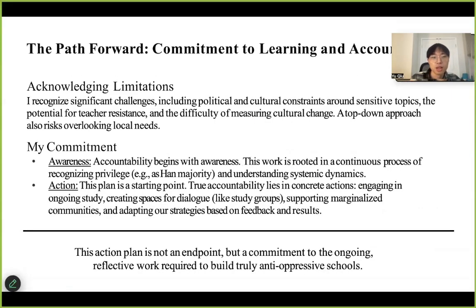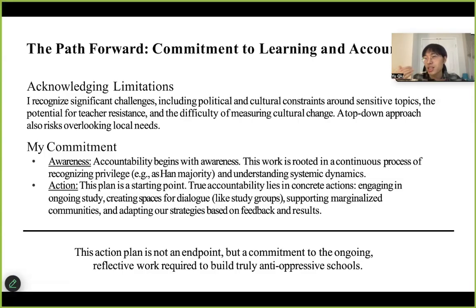And I have to admit, there are some limitations in my plan. For example, the political and cultural constraints. In China, schools may avoid implementing those measures to comply with local regulation and avoid controversy. Also, one limitation is over-reliance on top-down implementation. My plan is like everybody goes to Beijing to receive education and then goes back to their city.